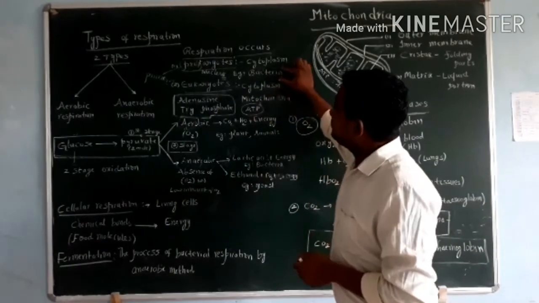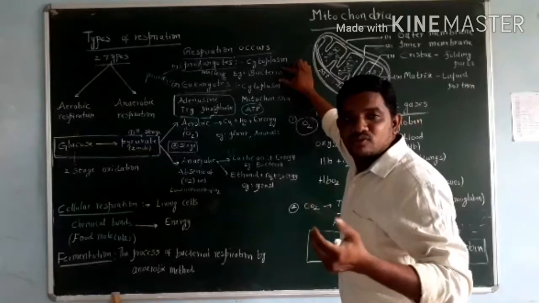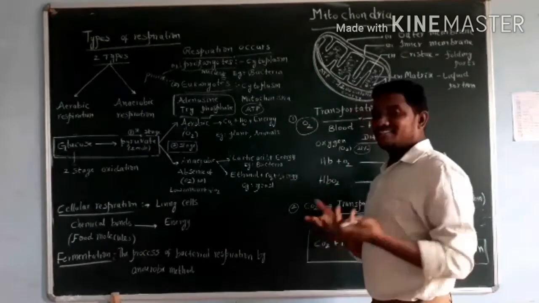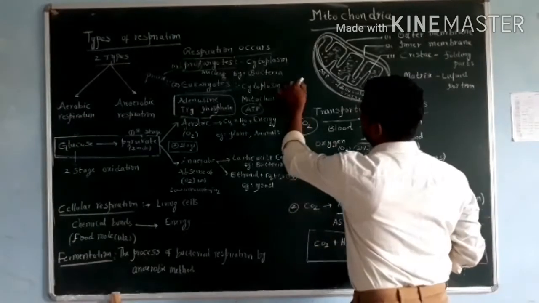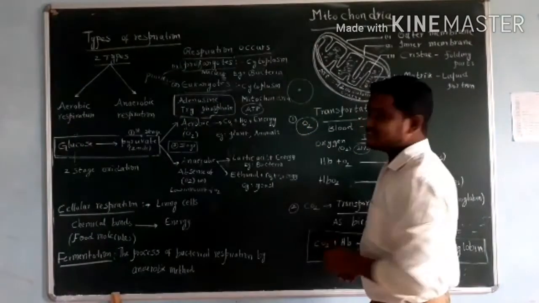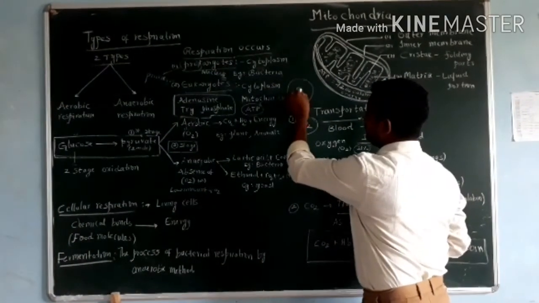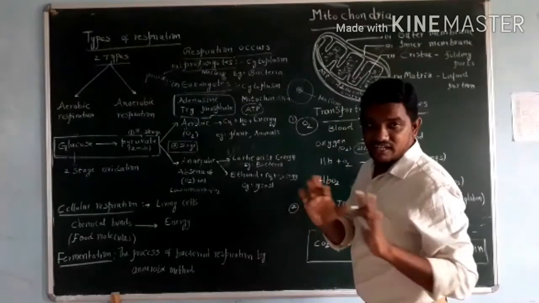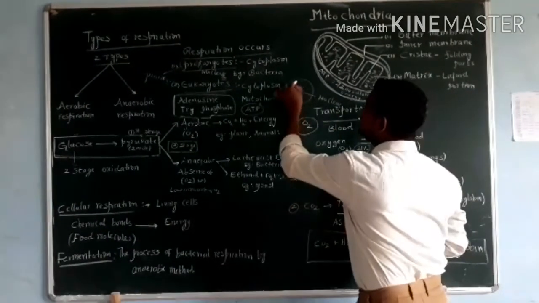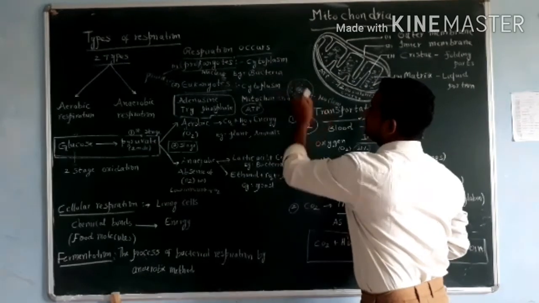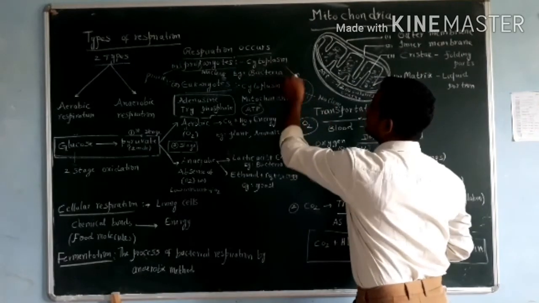In bacteria, where does the respiration process take place? In the cytoplasm. What is cytoplasm? For example, this is a cell. In the center of the cell is the nucleus. It's not well developed. Inside the cell is liquid fluid. This liquid fluid is called cytoplasm.